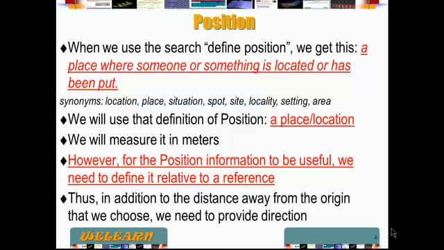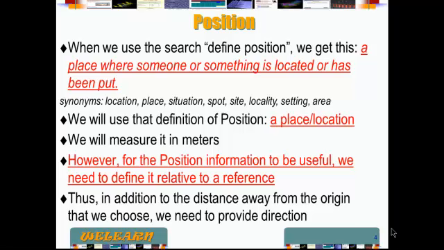However, for the term position to be useful, for a measurement in meters to be useful, we need to define it relative to a reference. Otherwise, saying 3 or 4 meters is not going to tell us much.